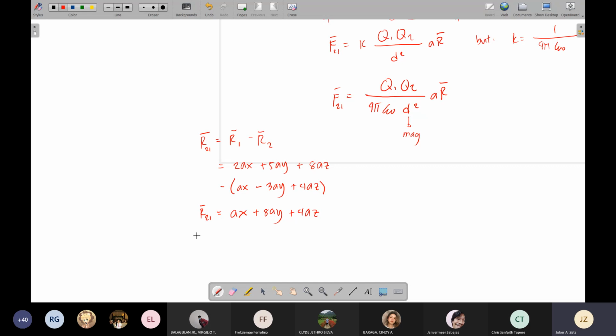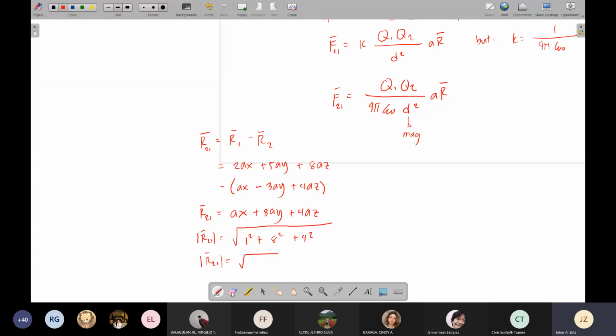Recall, solving for the magnitude of a vector, vector 2,1, that is just the square root of the square of each value in your directions. So you have 1 squared plus 8 squared plus 4 squared. So the magnitude of vector 2,1 would be the square root of 1 squared plus 8 squared, 64, plus 16. 64 plus 16, you have 80, plus 1, 81.